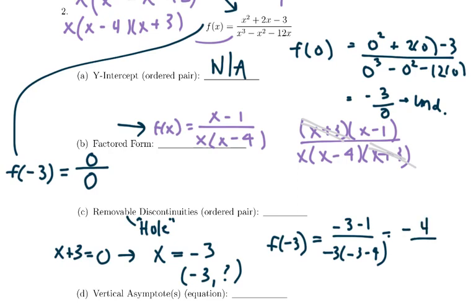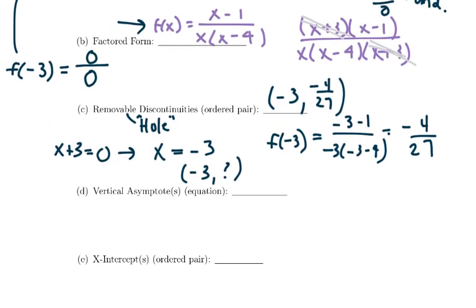Negative 4 over negative 3 times negative 7 is positive 21, so negative 4 over 21. So now we know when we're graphing this at negative 3, negative 4 over 21, so pretty close to 0, we're going to have a point, but it's going to be an open point because it's a hole in our graph. So our function's going to touch it, almost go through it, but not actually be a point on our function.